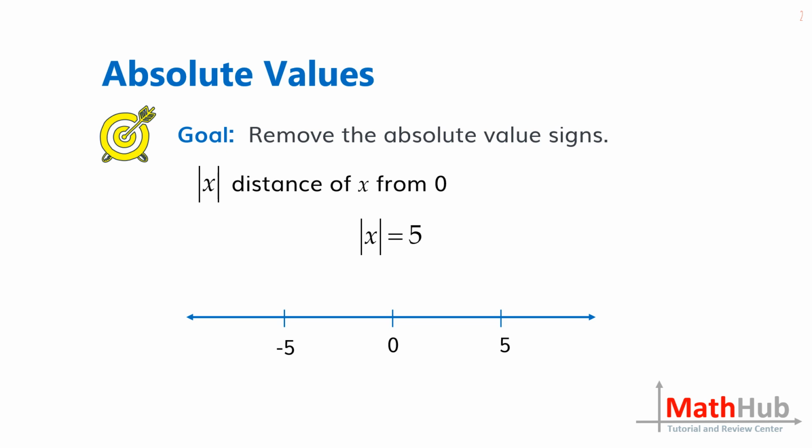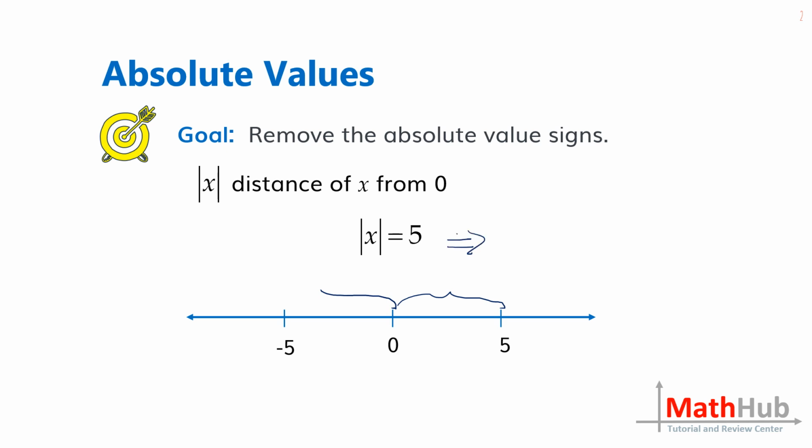Those are just 5 and -5, because as you can see over here, -5, its distance from 0 is 5, and the distance of 5 from 0 is also equal to 5.